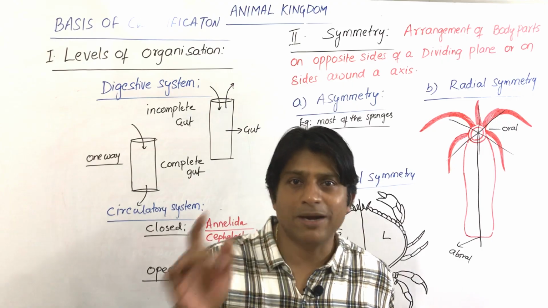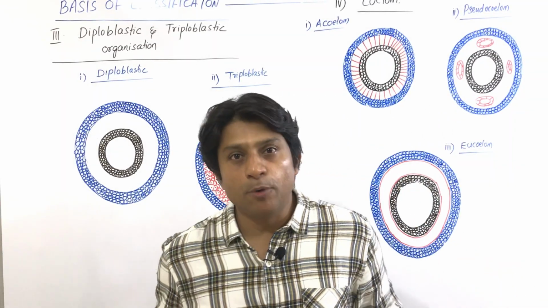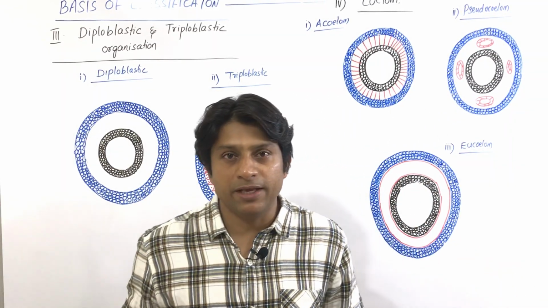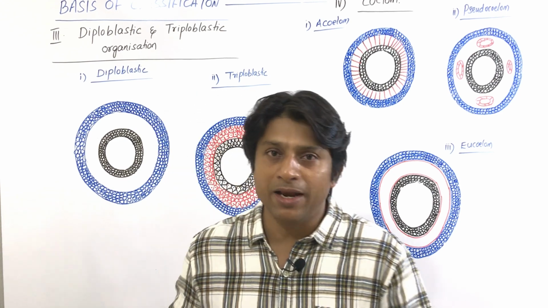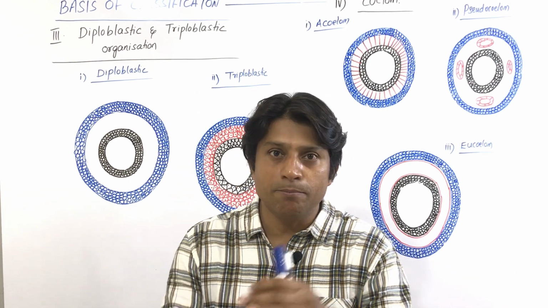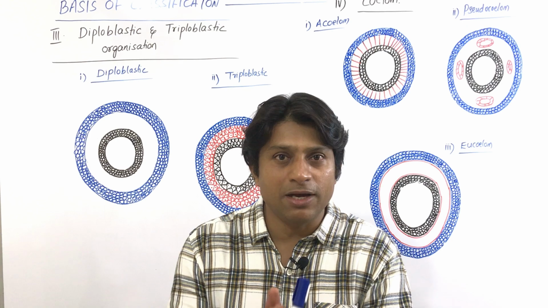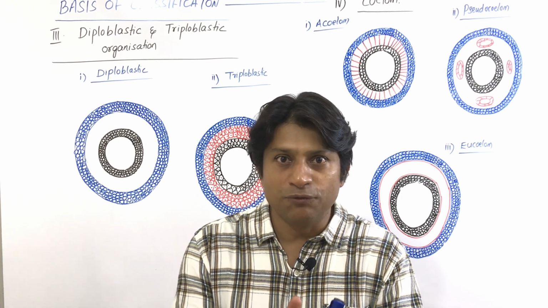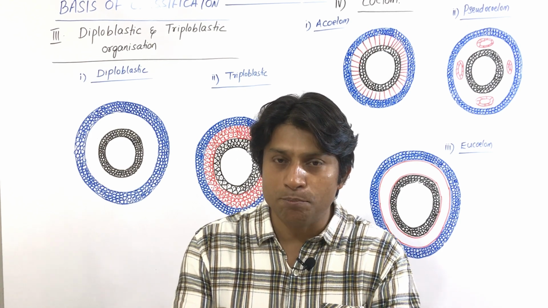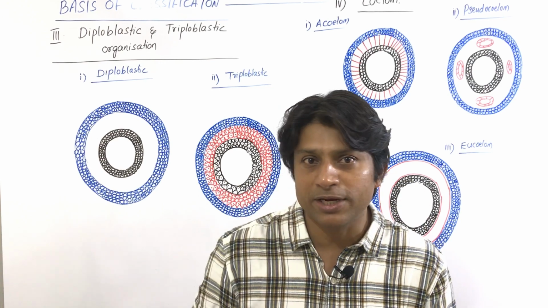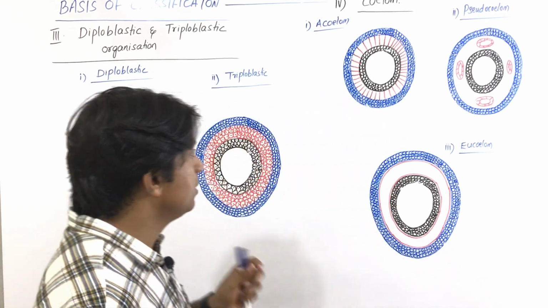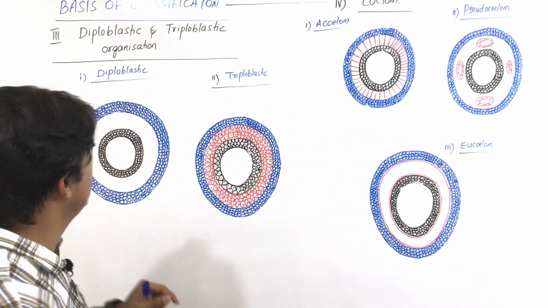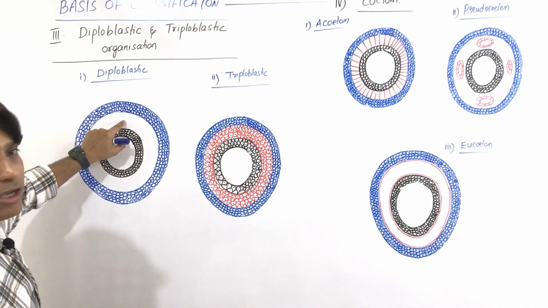So this is symmetry. Another important character for the classification is the formation of germinal layers. Once many cells are formed, cells are specialized to form different tissues and organs. Before that, the cells will get arranged into different layers. So in some animals, only two layers are formed.